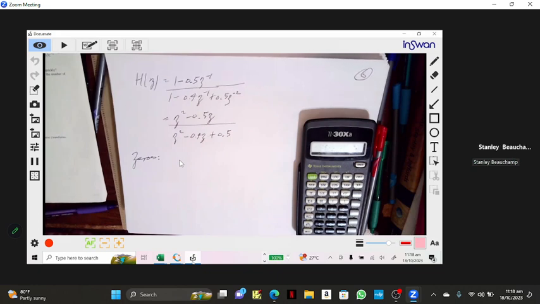The numerator. What are their values? Is it plus minus 0.5? No.